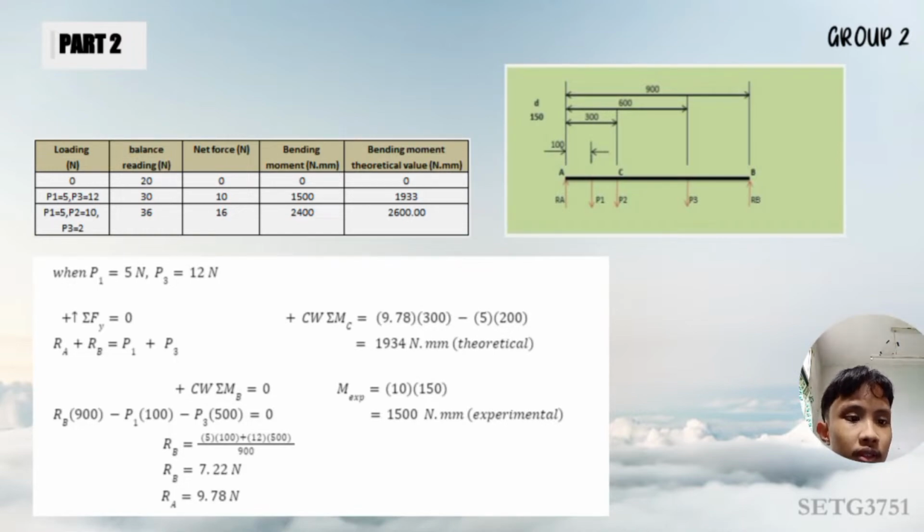For the summation of moment at point C, we obtain 9.78 times 300 minus 5 times 200. The theoretical value is 1934 Newton millimeter. And then for the experimental bending moment, we just multiply the net force by the distance, and we obtain 1500 Newton millimeter.